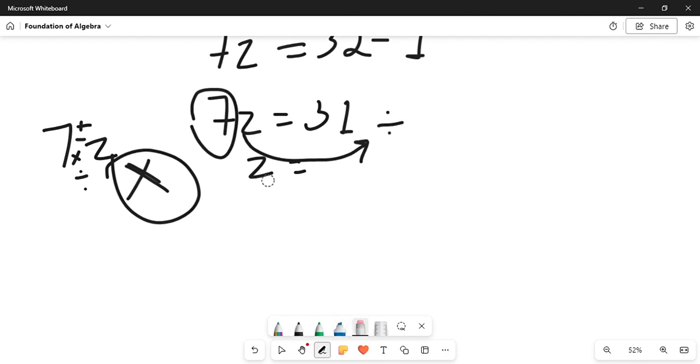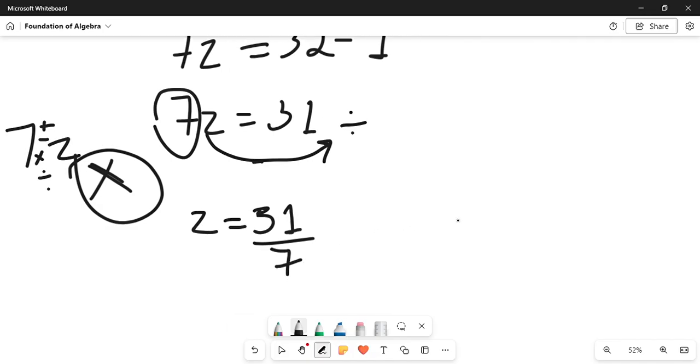Okay, so here's Z equals 31 divided by 7. So we can simply do it like 31 here. I'm just changing it to mixed fractions. So 31, 7 4s are 28, and 3 remaining.